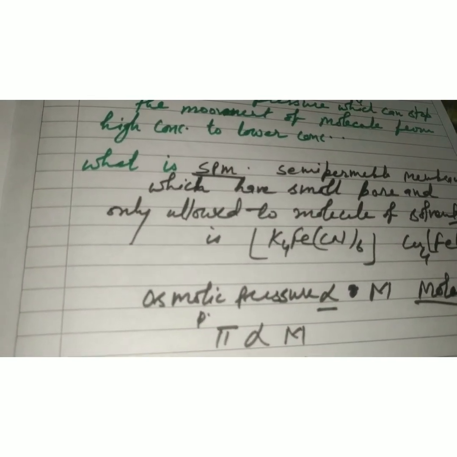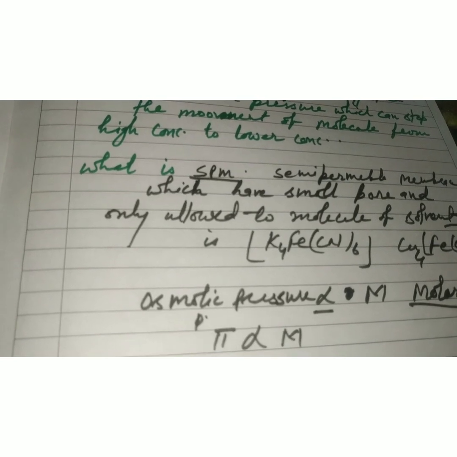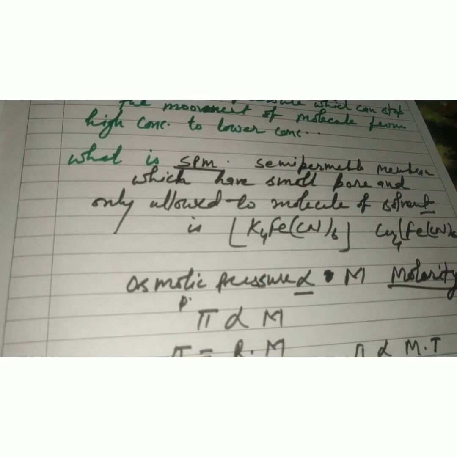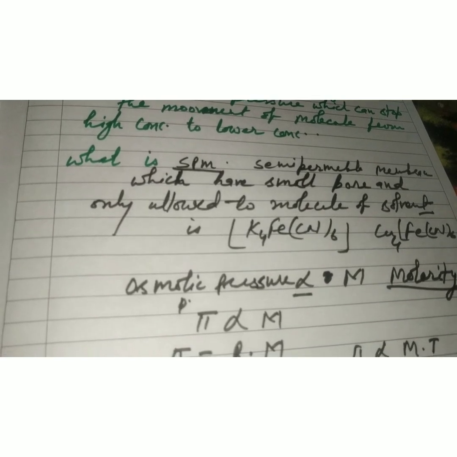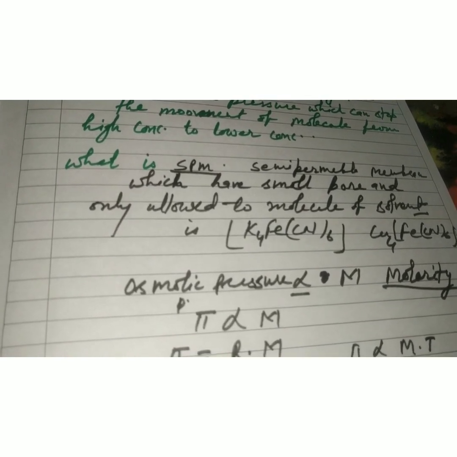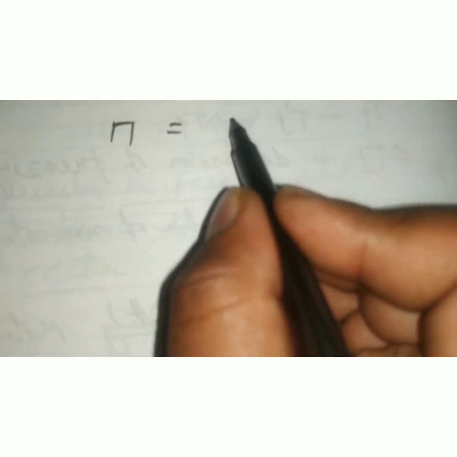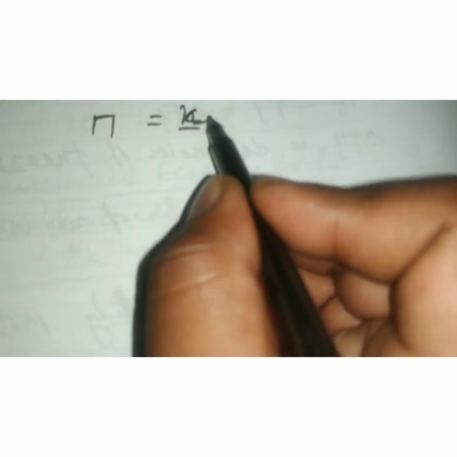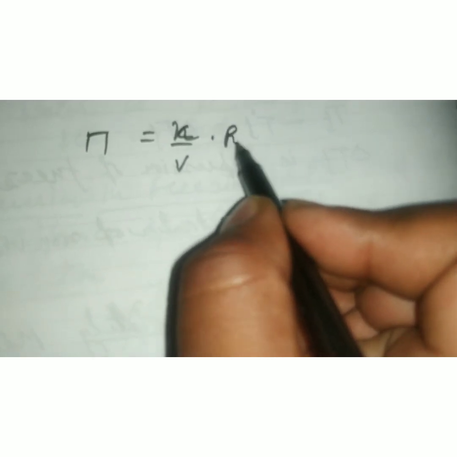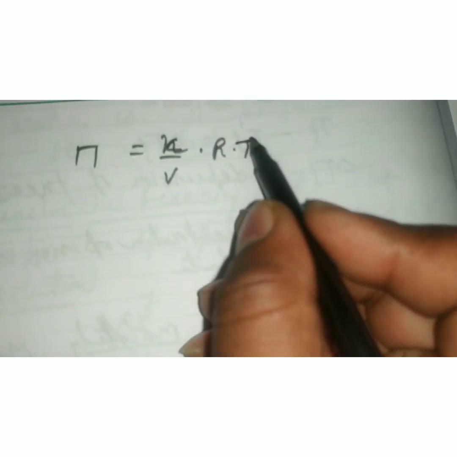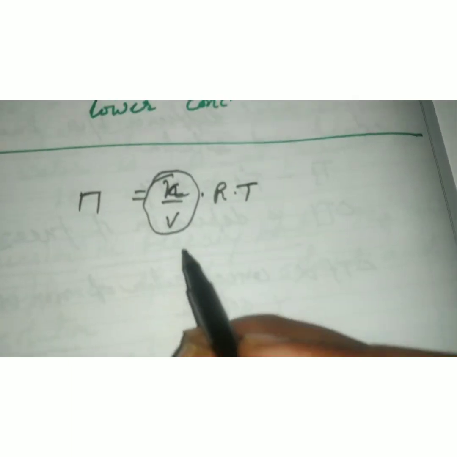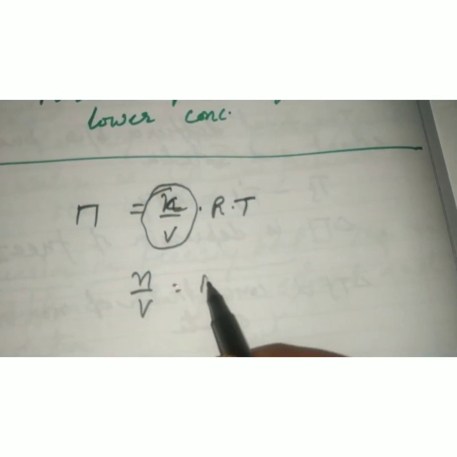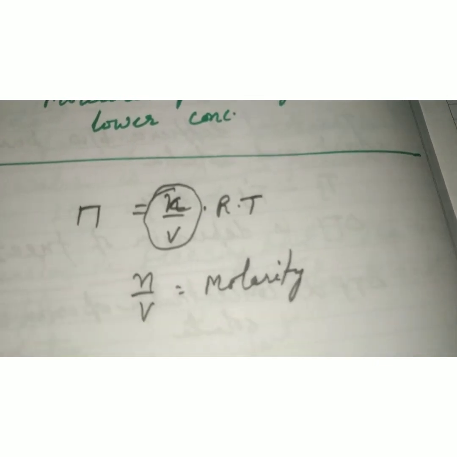So we get pi is directly proportional to M into T. By removing the proportionality constant, we get pi is equal to R into M into T, while molarity is N upon V, sorry, so pi is N upon V into R into T. What is N upon V? This is molarity. Clear?